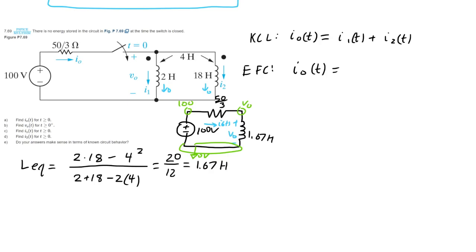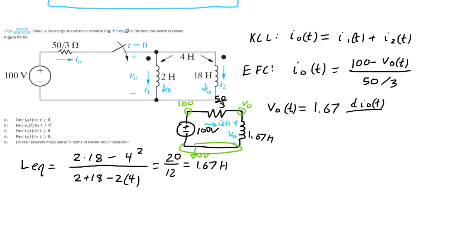Sorry about that. 100 minus VOT divided by the resistance. I'll keep it as 50/3 for now. It may be a little bit confusing. Usually you flip it when you divide by a fraction, but I'll keep it like that for now, and you'll see why. So VOT is going to be the inductance, so 1.67 times dIOT dt.